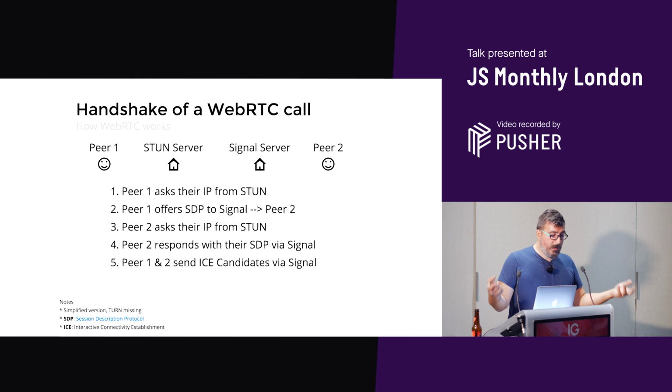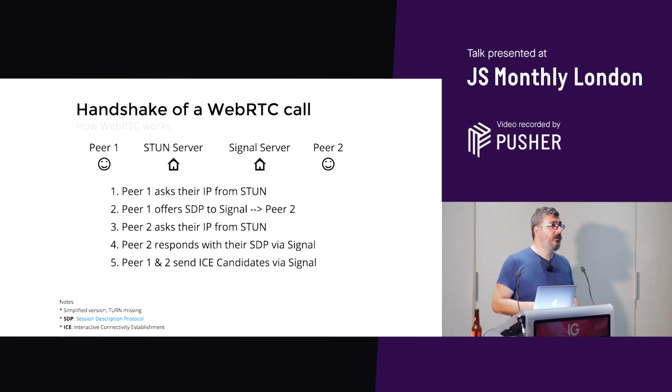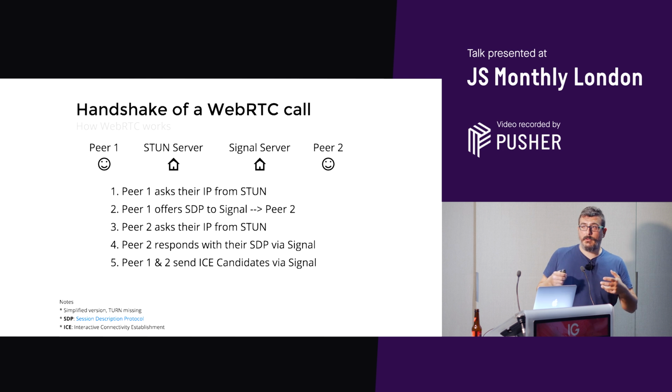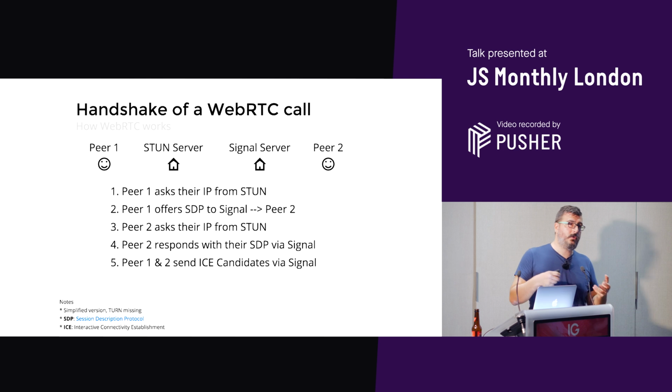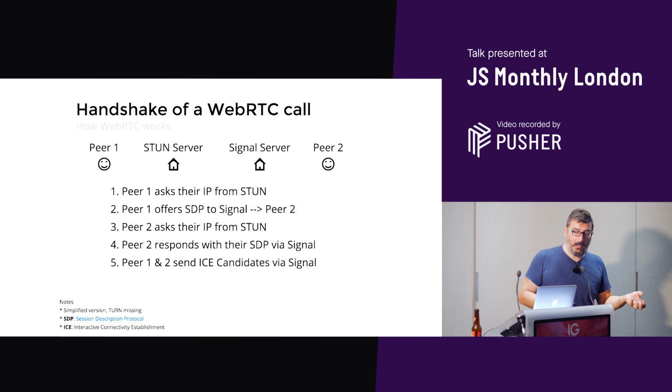Now, with both peers having each other's SDP, they start producing the candidates. A candidate is a possible candidate for us to establish a connection. So what a candidate says is that hello, this is my IP. I give you my internet IP, I give you a port, and I give you a protocol.